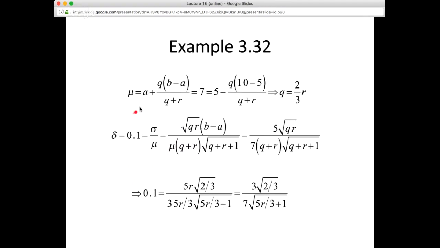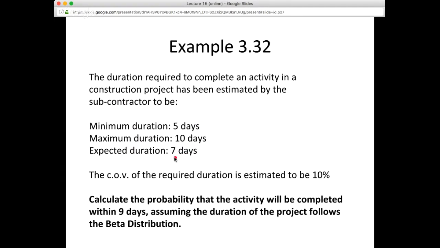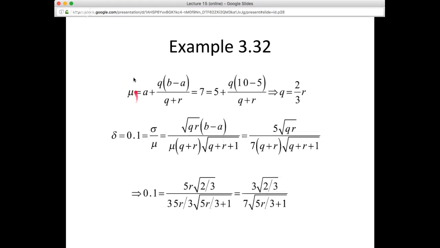We start with the mean value. So they say the expected duration of the project is 7 days. So that means they're talking about the mean is 7 days. And of course, from our previous result, we saw that the mean was equal to this expression here. We also know that the minimum duration of the project is 5 days. The maximum duration of the project is 10 days.